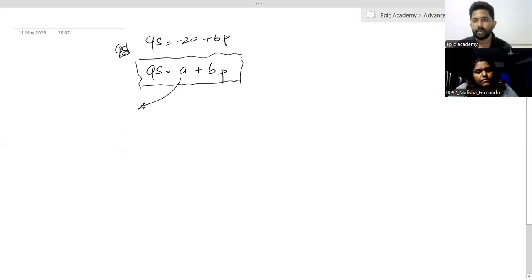It is minus 20. Then if there is any change in the price, how much does the quantity of supply change? It is represented by B, the slope of the curve.